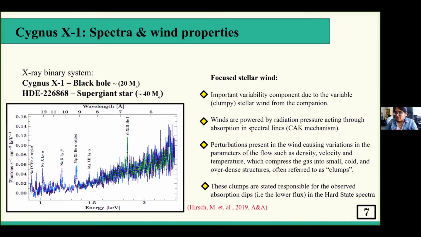So, to summarize, the stellar wind that is powering the accretion in the system is characterized by temperature and density inhomogeneities, including structures or clumps of colder, more dense material embedded in the photoionized gas. As these clumps pass our line of sight, absorption dips appear in the light curve.